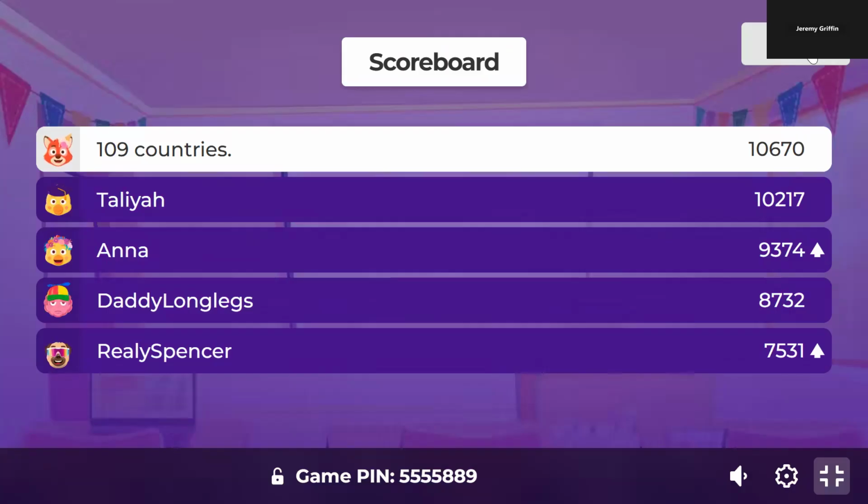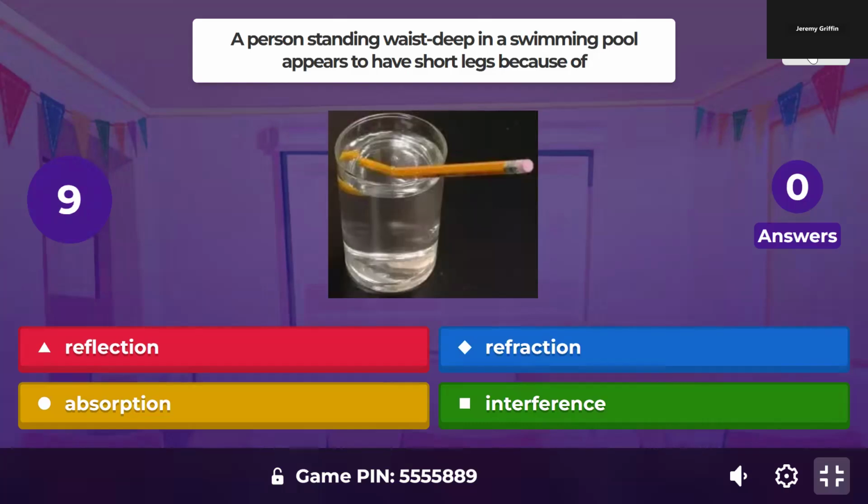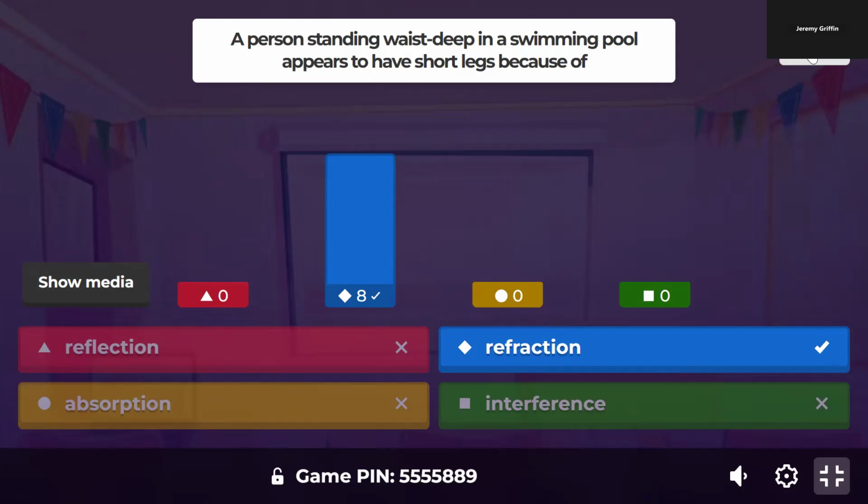So refraction. A person standing waist deep in a swimming pool appears to have short legs because of refraction. There you go. Refraction.